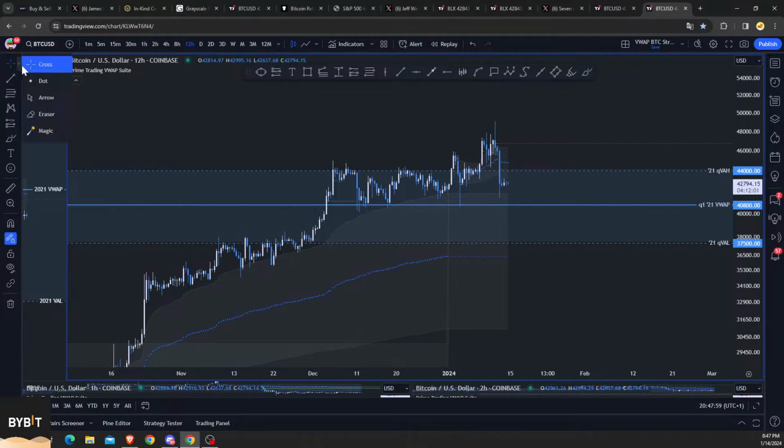In my opinion, if Bitcoin is unable to trade back above 44K, this is the level that you want to be selling for a move back towards the quarter 1 21 VWAP confluent with this low, right? You can even draw on a range right there. Now, if we start to reclaim this, we might hit higher.